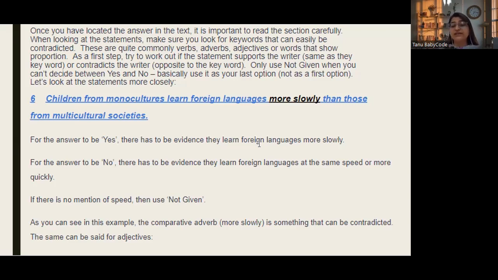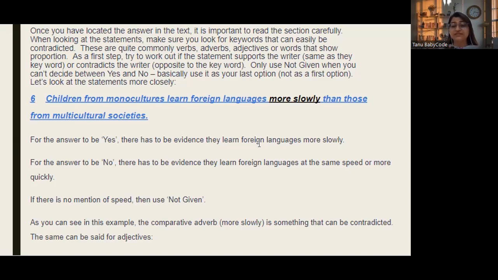If you want this answer to be no, then there has to be some evidence that they learn the languages at the same speed or more quickly. Then it has to be contradictory. If there is no mention of speed, then you can say that the statement is not given, right?